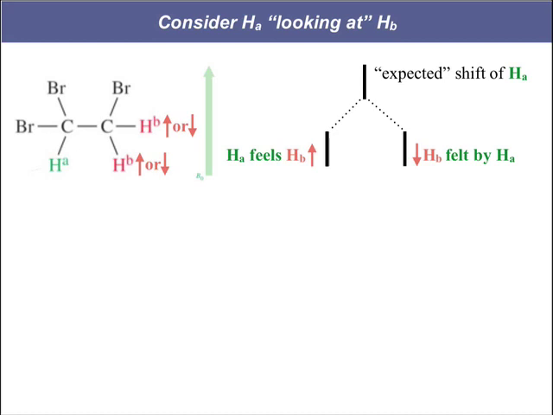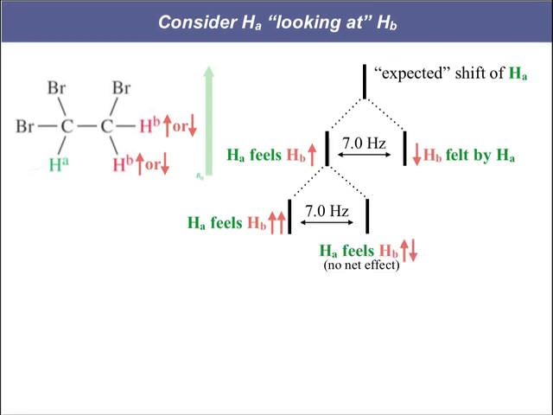Again, B is going to either reinforce A, or B is going to cancel out the magnetic field with A. So that's our doublet, but it's not a doublet because we're not only feeling one B. A is going to feel the other B as well, which means that A can feel both of the B's pointing up, or it can feel one B up and one B down.